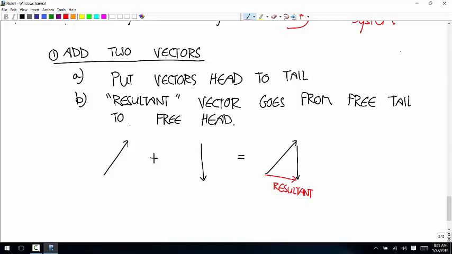Why did I choose to do them in that order? I could have just as easily chosen the other order, right? If I chose the other order, putting the tail of the first one at the head of the other one, I would have gotten the exact same resultant.